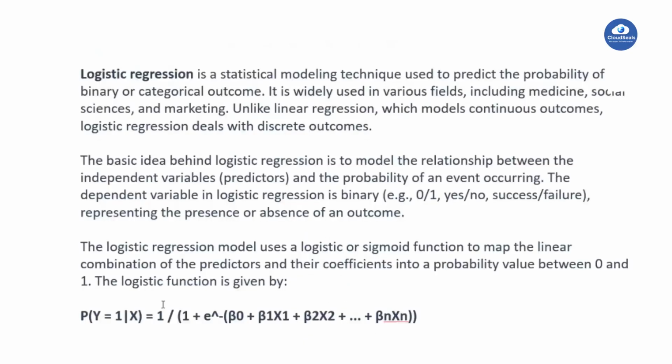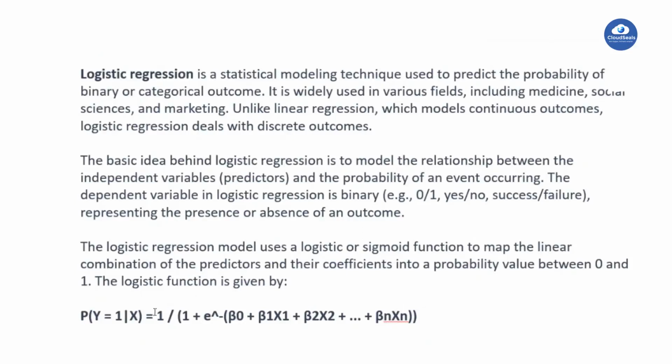In logistic regression, we calculate the probability for the given class. If we have three classes, we check the probability for each class. Whichever class gets the high probability, we predict that the input variable is related to that particular class.